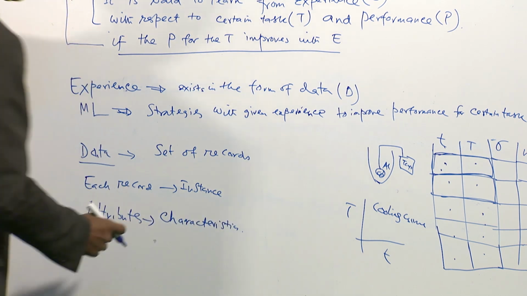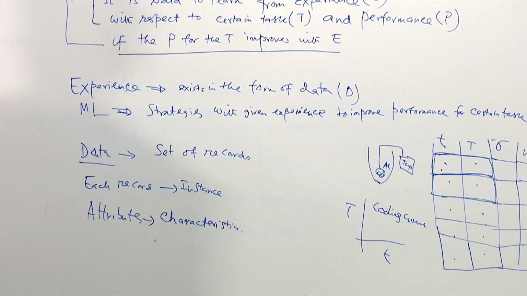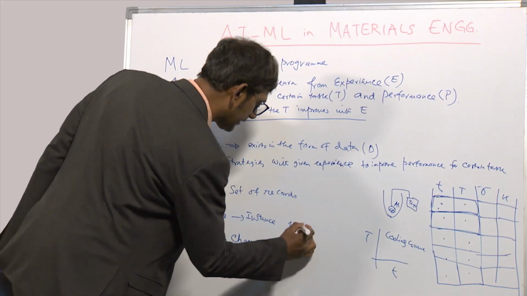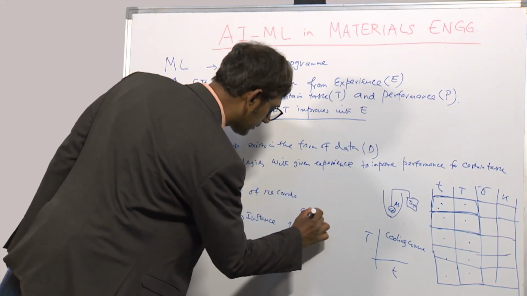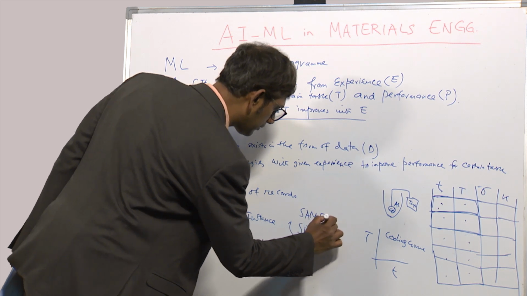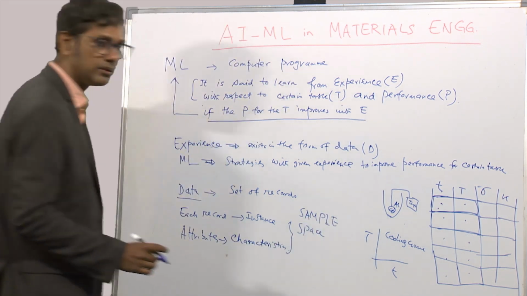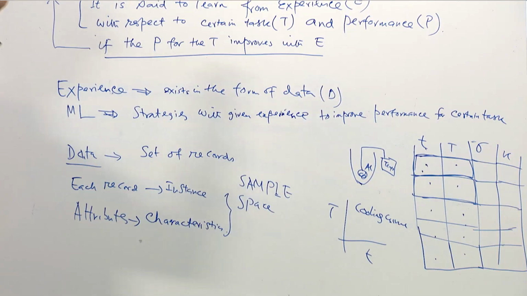This is the main definition: attributes are characteristics, and the whole space in which the data exists is called the sample space. This is something which is the input to machine learning, right? Data. So that is a sample space.